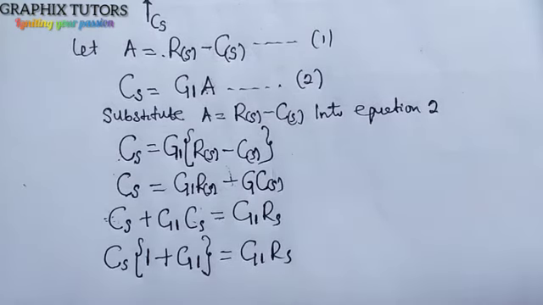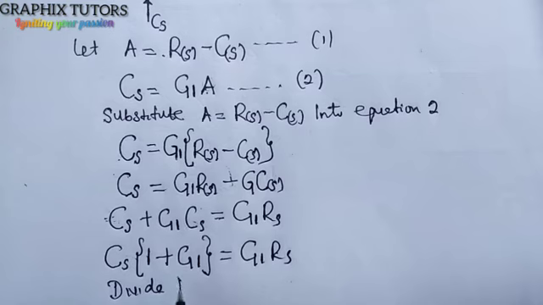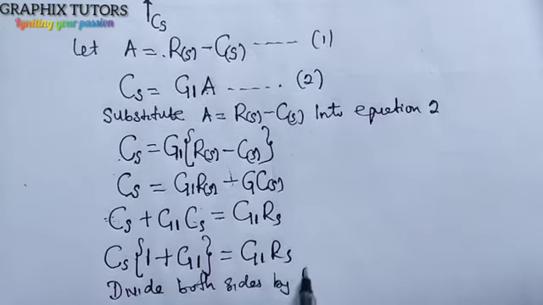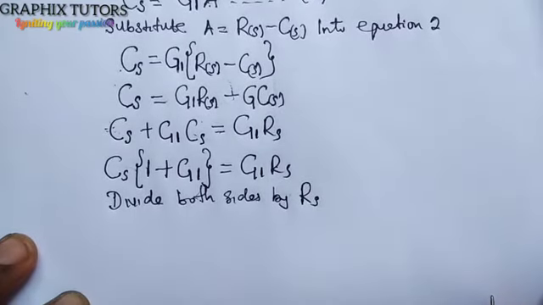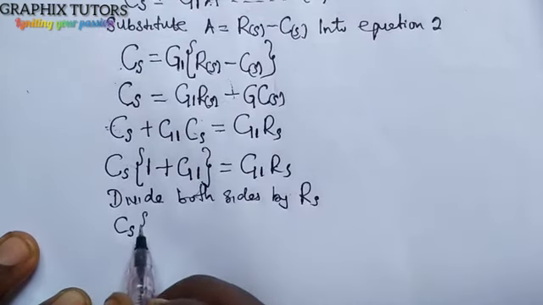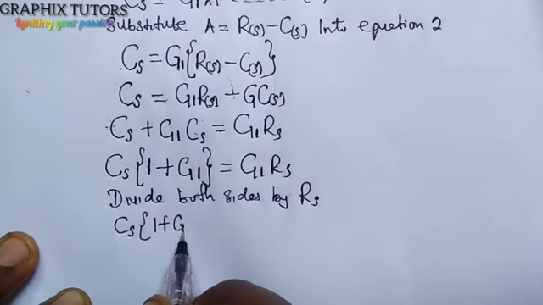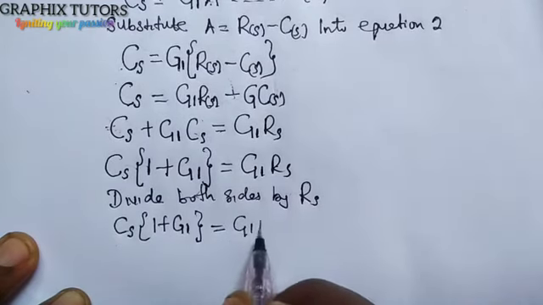Now the first thing we'll do, the keyword is the output over the input. So we need to divide both sides by the input. So dividing both sides by what? By RS. That is the input, and that is going to give us CS, open bracket, 1 plus G1, equals G1 RS.